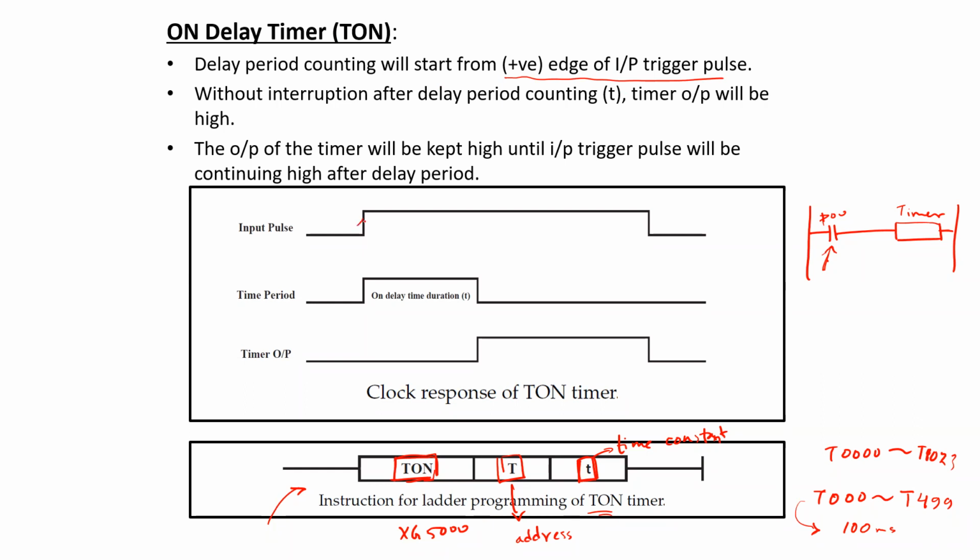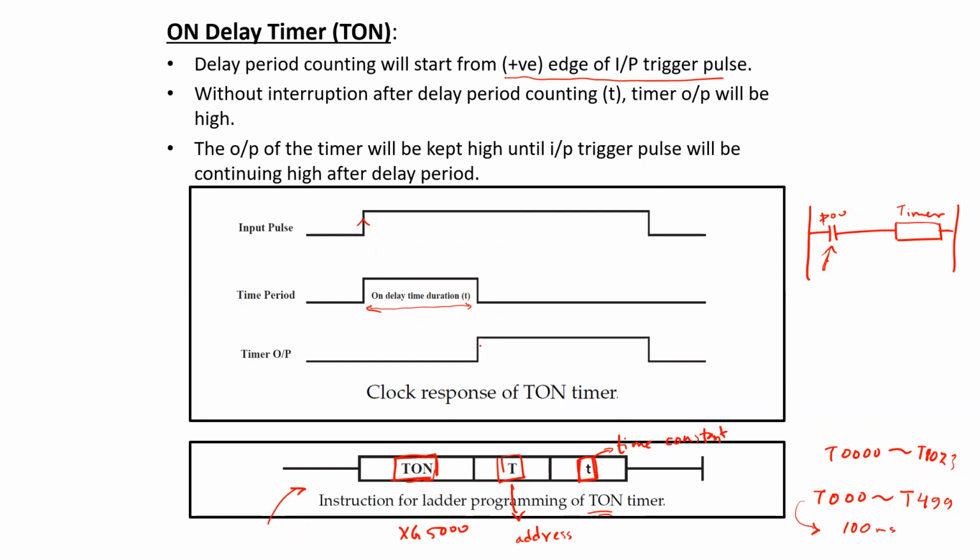So at the positive edge, the timer starts its operation, and for the on delay timer, the timer starts its count and continues the count up to a period specified by the user. When the counting is finished, the delay count is over.